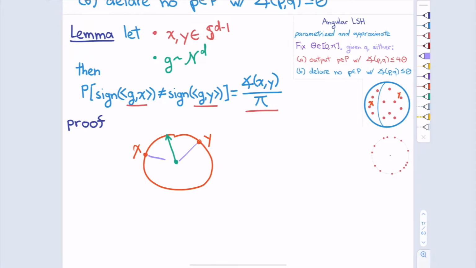So we have this, and this part is the angle between X and Y. Once I fix this Gaussian, everything on one side of the dashed line is going to have a positive projection onto it, and everything on the other side is going to have a negative projection. Is that right?